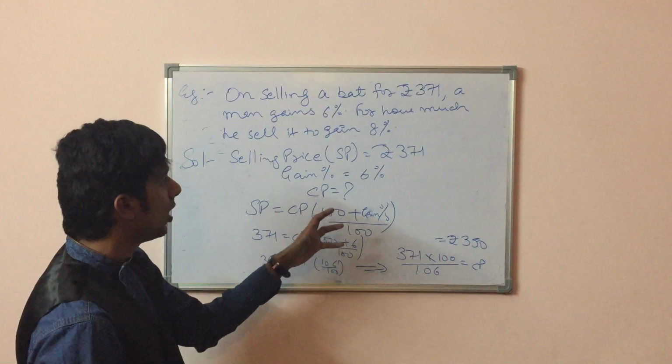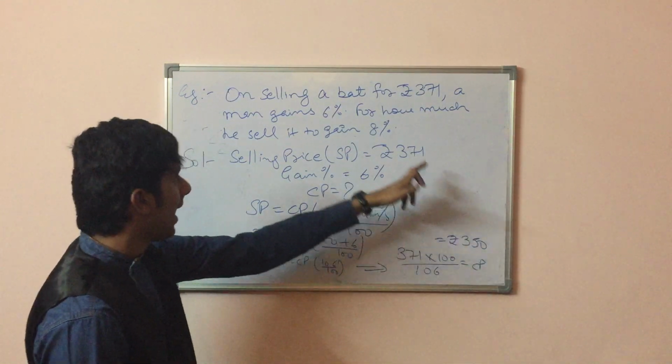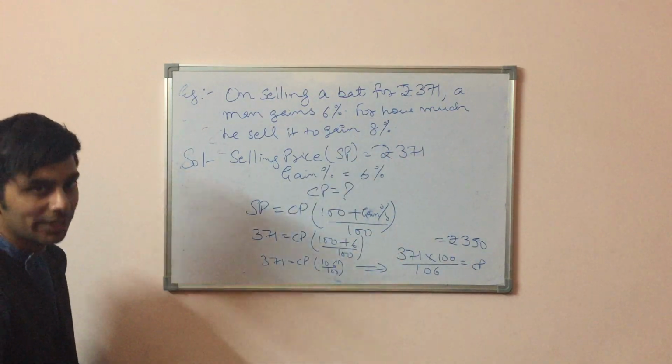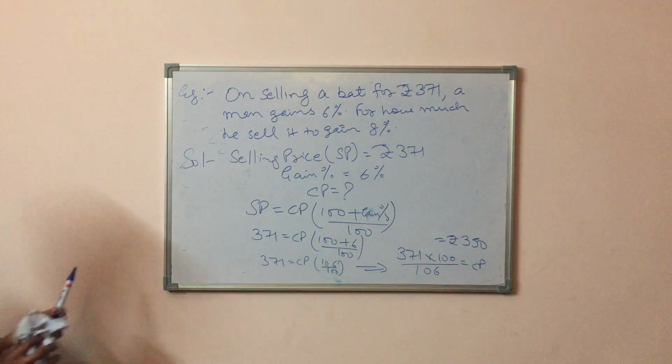Now putting this cost price into the formula again. Now you put this cost price of rupees 350 and the gain percent of 8%, and you can take out the selling price. Right?